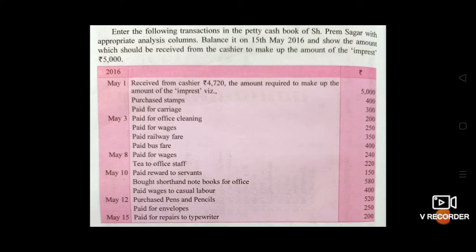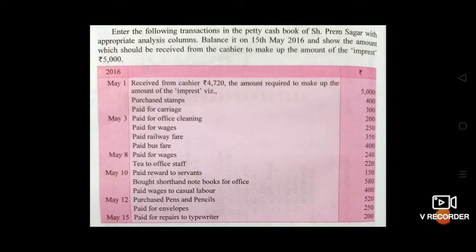2016 May 1st. Received from cashier rupees 4720, the amount required to make up the amount of the imprest, that is rupees 5000. It means they have received from the head cashier rupees 4720, which was spent by the petty cashier last month, and their imprest is rupees 5000.